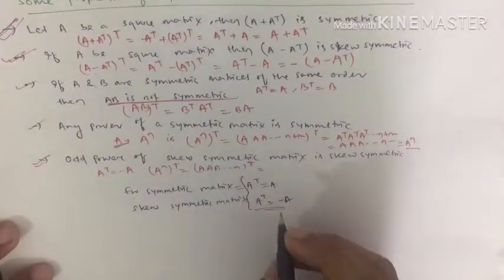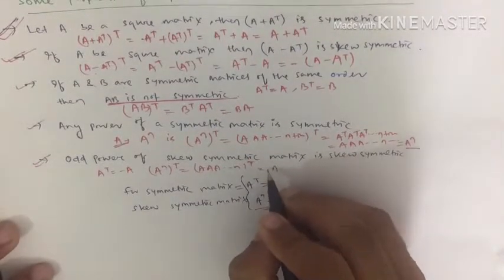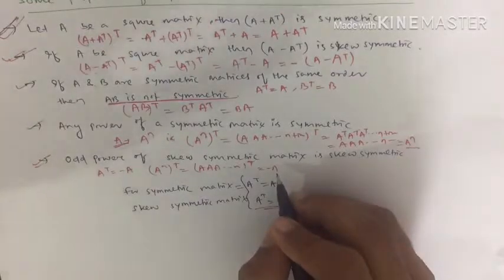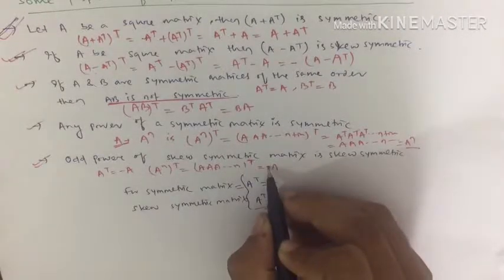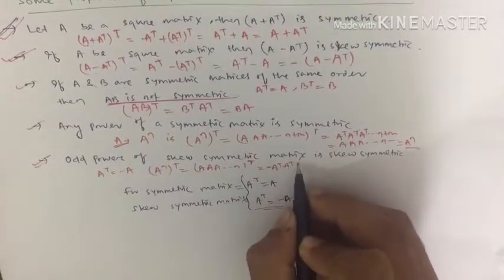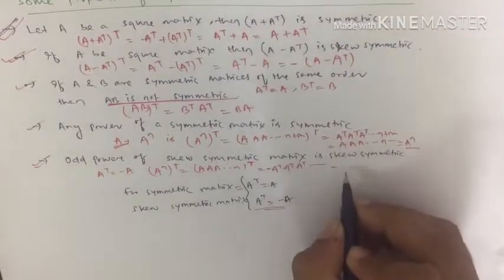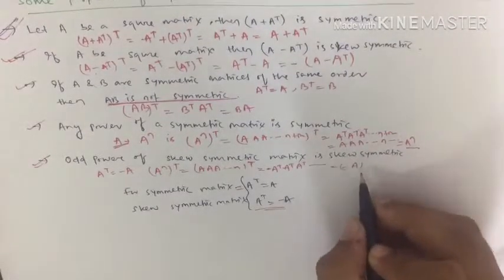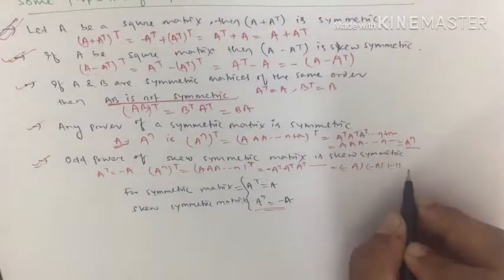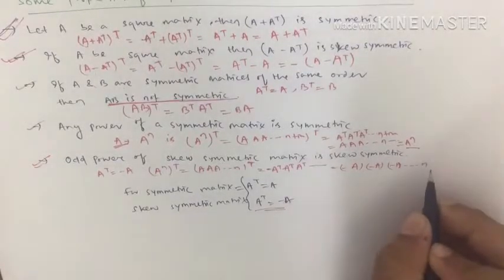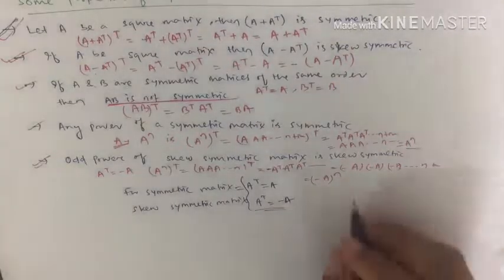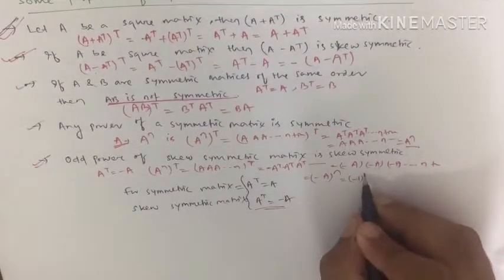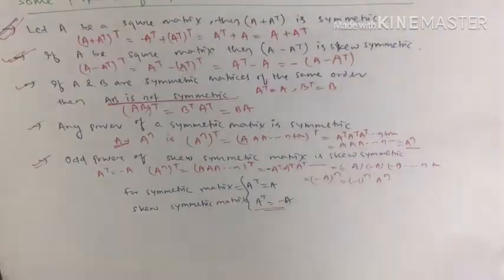So you will come back with A transpose up to n times, and you will come back with minus A up to n times, which will give minus A to the power n, or you can say minus 1 to the power n into A to the power n.